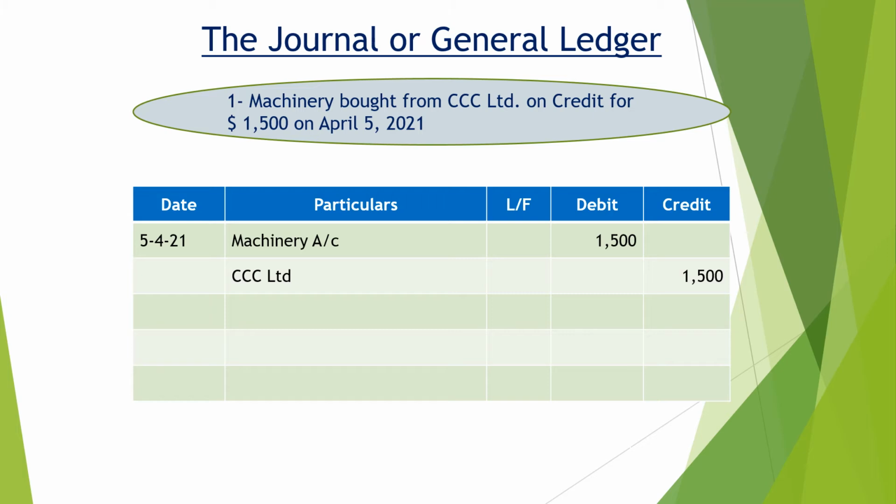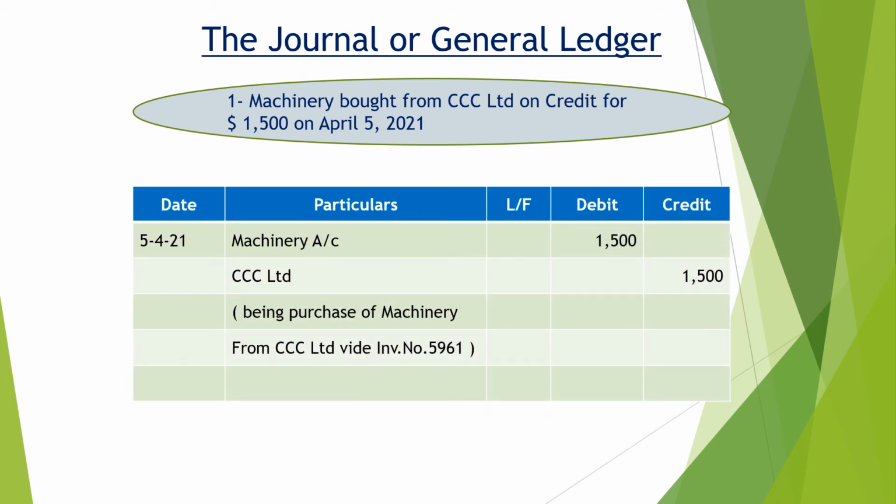In general, a short narration of each entry is given underneath. That's for reference, like being purchase of machinery from CCC Limited, invoice number, or whatever the reference could be. So this is called the narration of a journal entry.